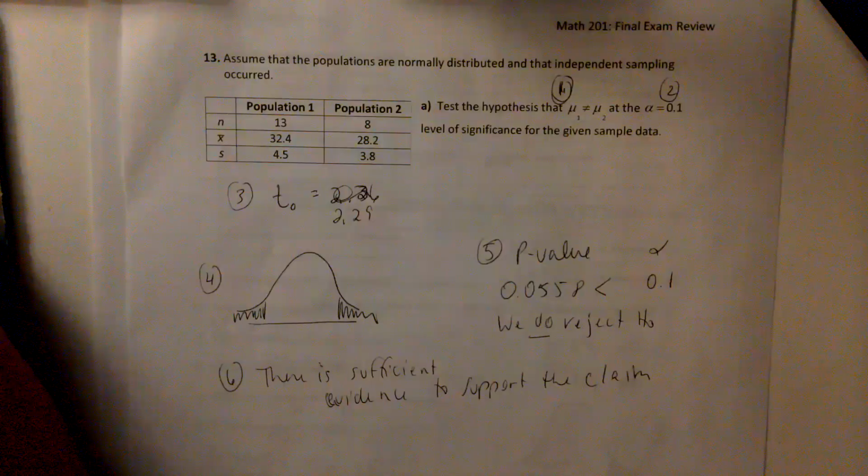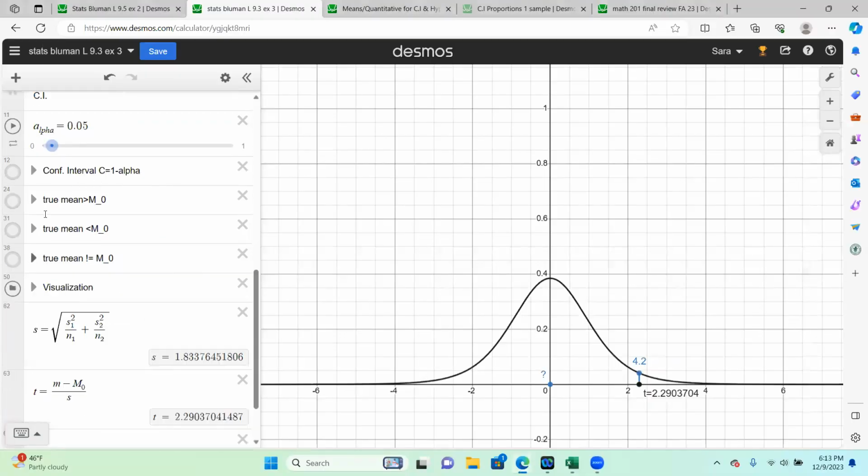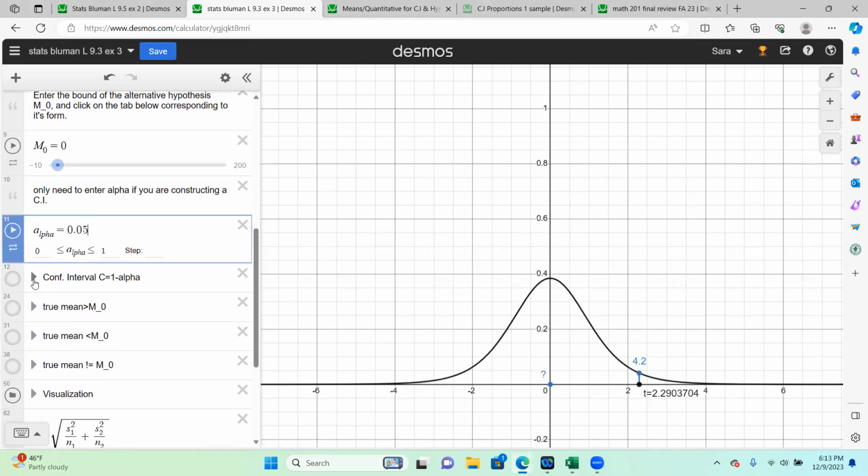And then part B says, find the confidence interval, which you can just use the program here. Make sure your confidence is just your alpha, not alpha divided by 2. Alpha, and it will take care of it for you.